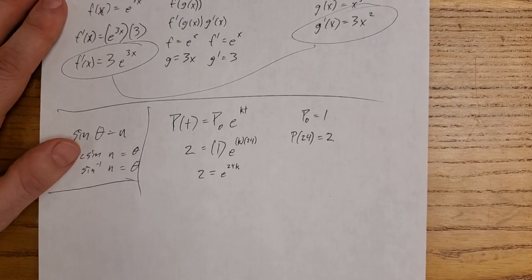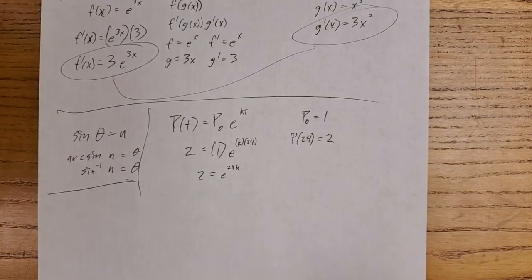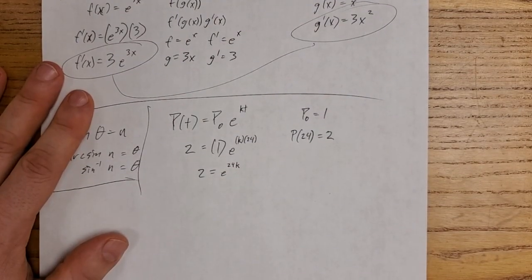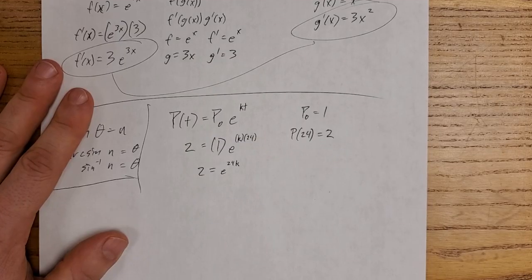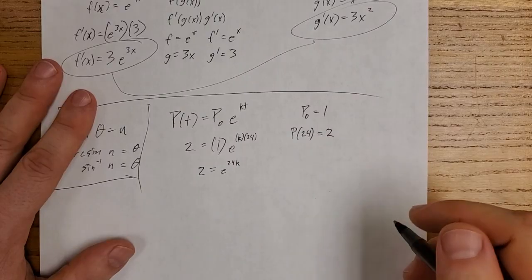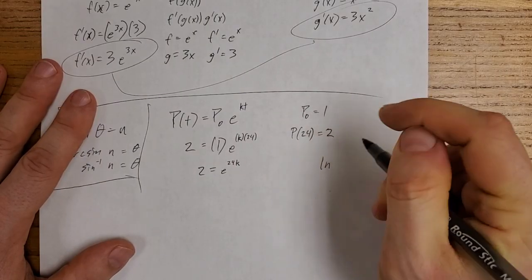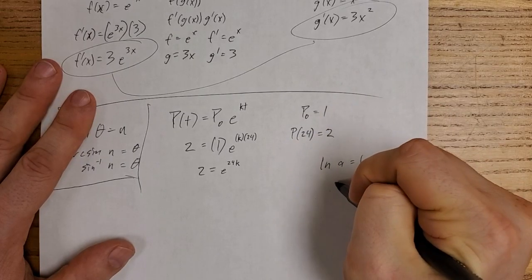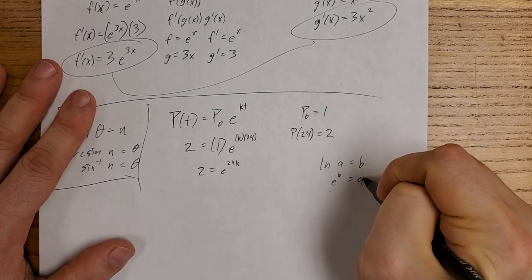So now, again, recall that when you have an e and you want to find what's in there, remember that the natural log and e are opposites, in that the natural log of a equals b is the same as saying e to the power of b equals a, right?